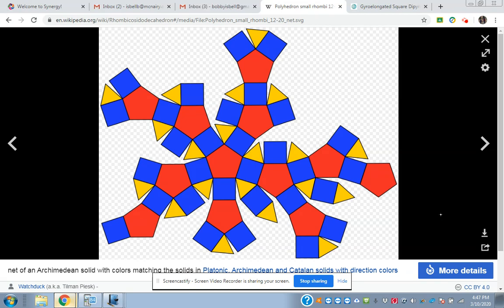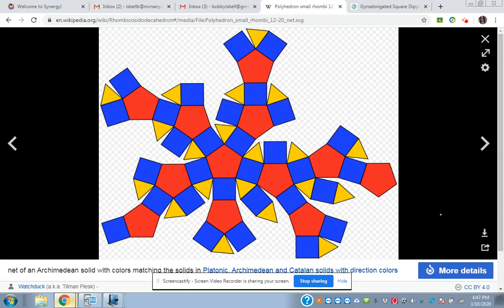Like if you took this and printed it out and cut it out of a piece of paper and then folded it at every edge, you'd be able to make that shape. This is called a net, and we'll get into these next week when we start. We'll talk about drawing nets. We won't do anything this complex, but we'll talk about nets for three-dimensional figures. This is the net for that. So how many faces are there? So that's how many sides are there.